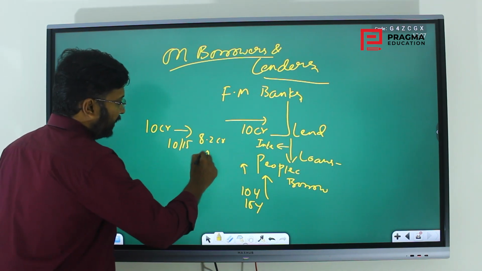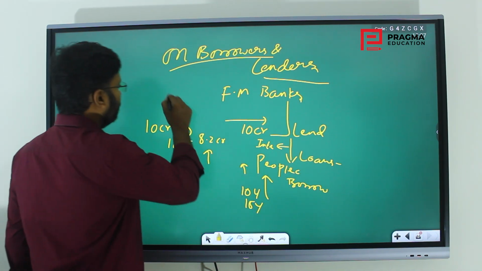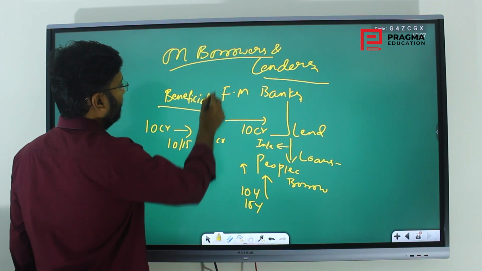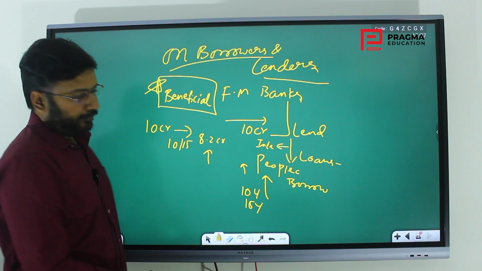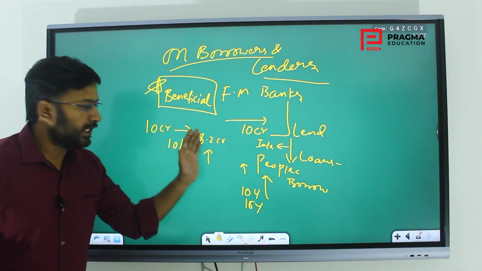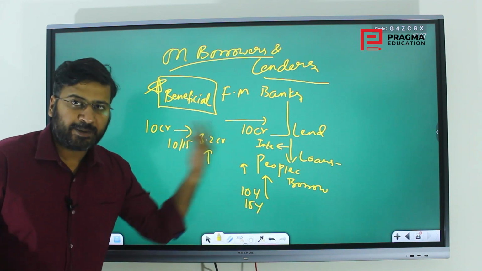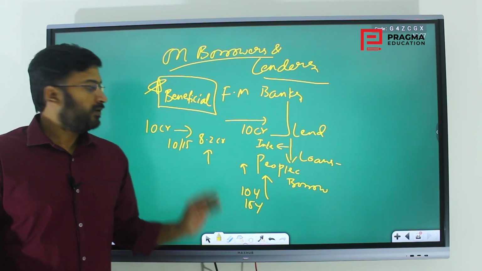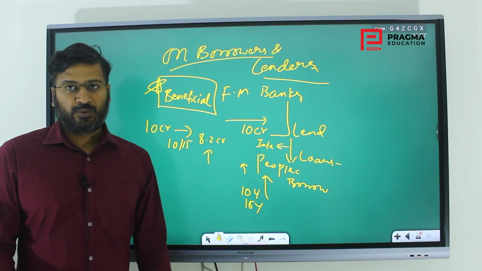So even with the interest added and everything, it will become beneficial to the borrower if there is inflation. Because the value of the money will keep decreasing, the total money he repays will actually be lesser because the money is losing the value.